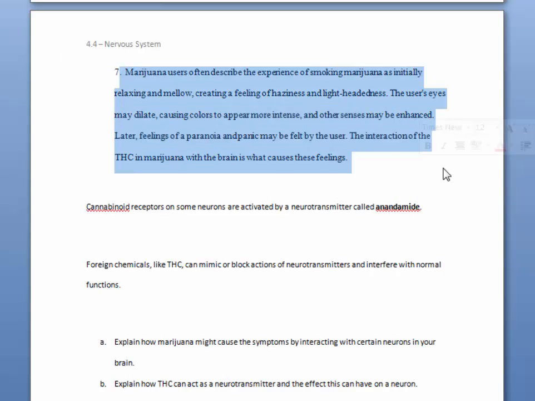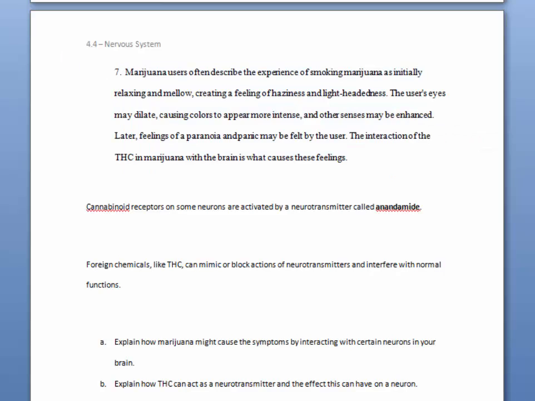Number 7, marijuana users often describe the experience of smoking marijuana as initially relaxing and mellow, creating a feeling of haziness and lightheadedness. The user's eyes may dilate, causing colors to appear more intense, and other senses may be enhanced. Later, feelings of paranoia and panic may be felt by the user.